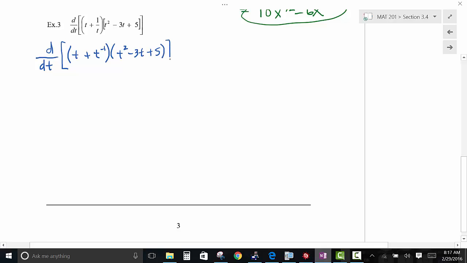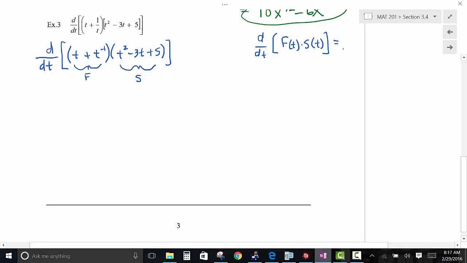Okay, so here's the product rule, and you've got to get this memorized as fast as you can because you're going to use it all the time. Just think of this thing right here as the first function, and this thing right here as the second function. So if you're doing the derivative d/dt of f of t times s of t, where that stands for first and second, then the product rule goes like this.